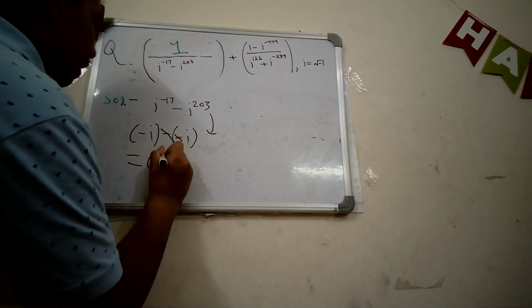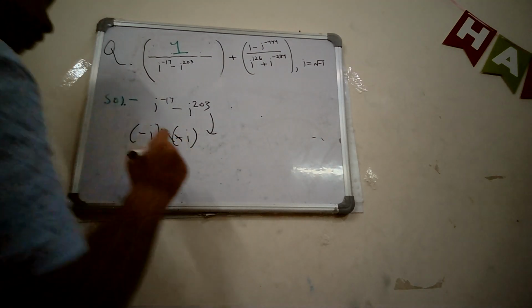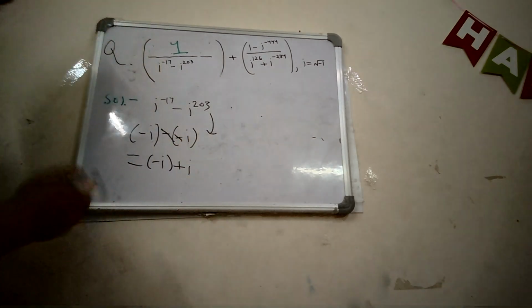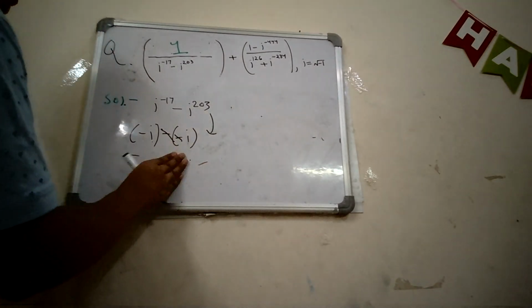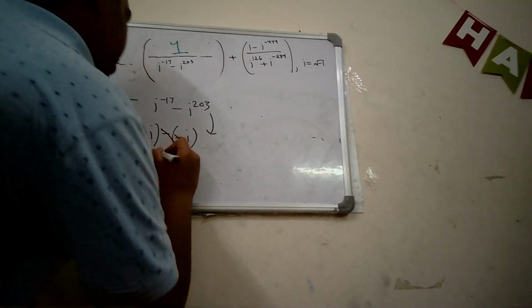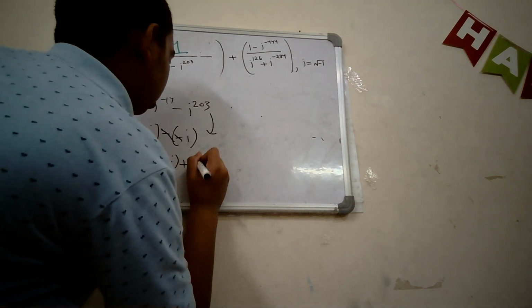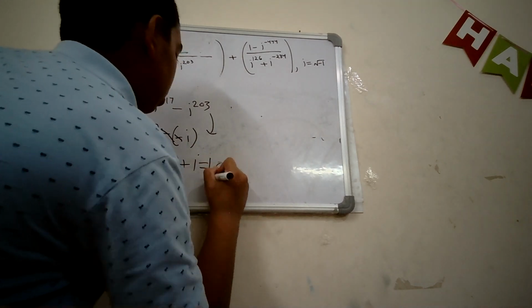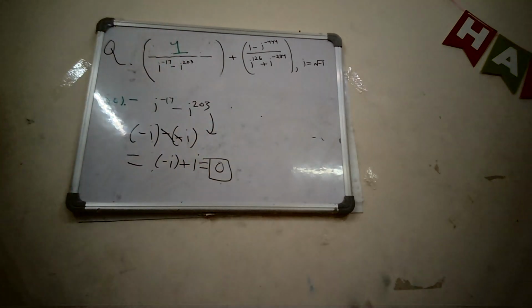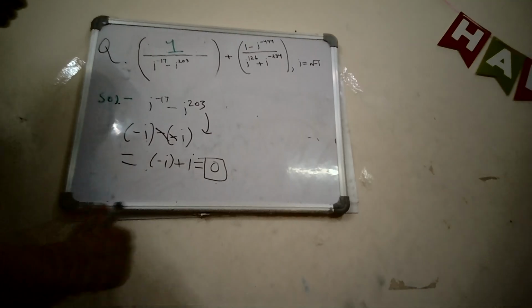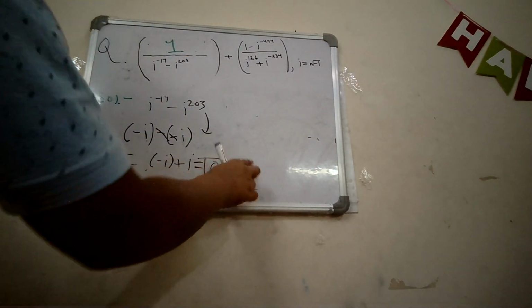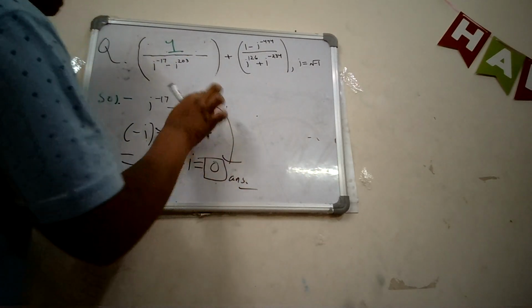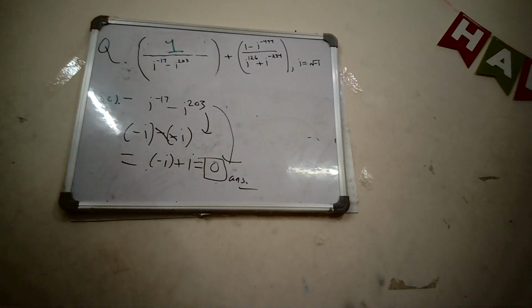So we get negative I, plus I. Another cancellation, because negative I plus I gives 0. Awesome. No, not the answer. This is the answer to this expression, not the whole expression.